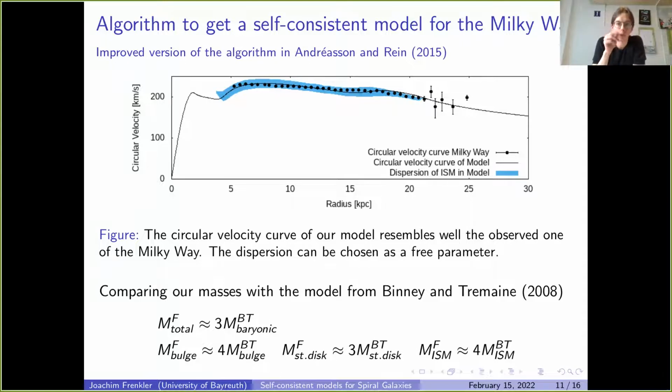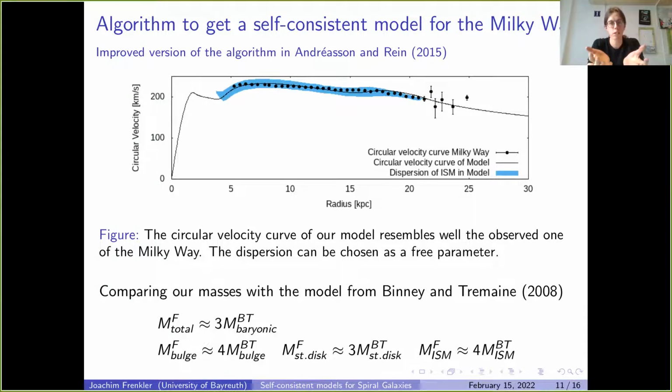And this is exactly what one should expect when we try to create such a baryonic model. Because within a ball of about 20 kiloparsec, in the model of Binney and Tremaine, about 1/3 of the mass is baryonic within this ball of radius 20 kiloparsec, and 2/3 are made up by dark matter.